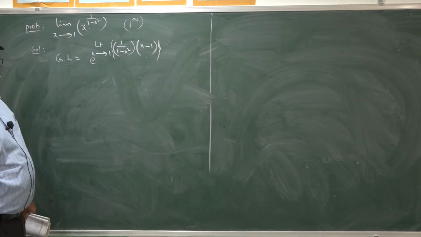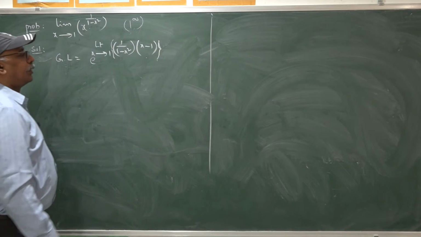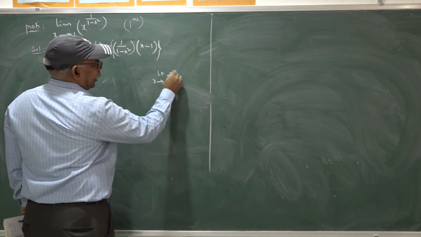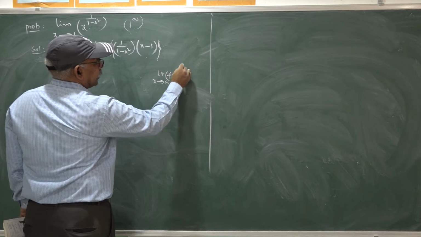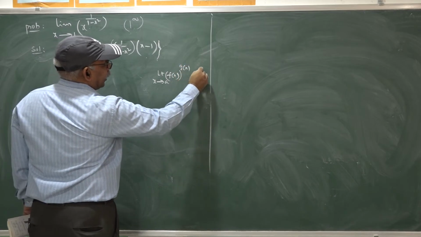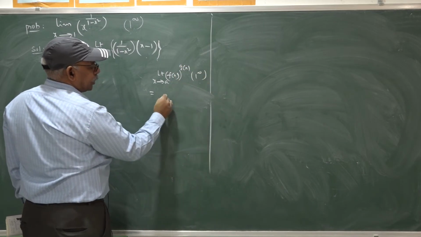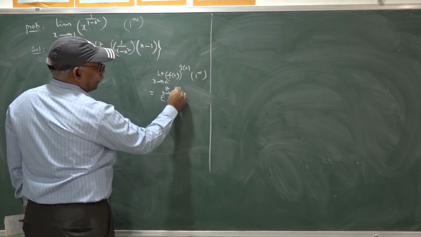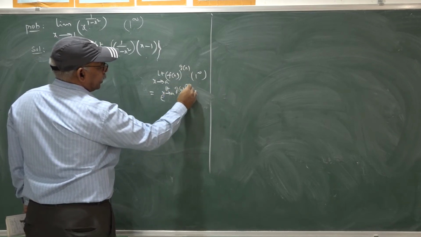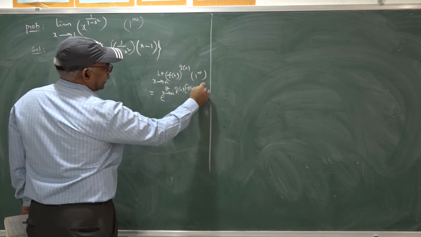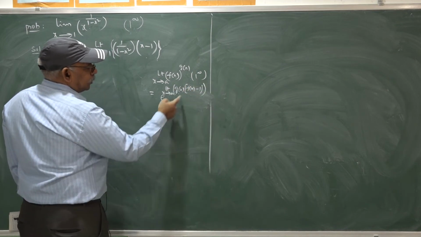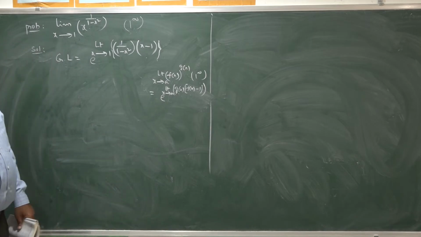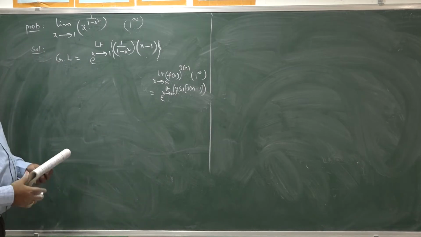In case of 1 power infinity, limit x goes to a f x whole power g x, if it takes 1 power infinity form, is equal to e power limit as x goes to a, the exponent function g x into base function minus 1. This limit is to be evaluated, and taking that as the exponent of e, we get the required limit.